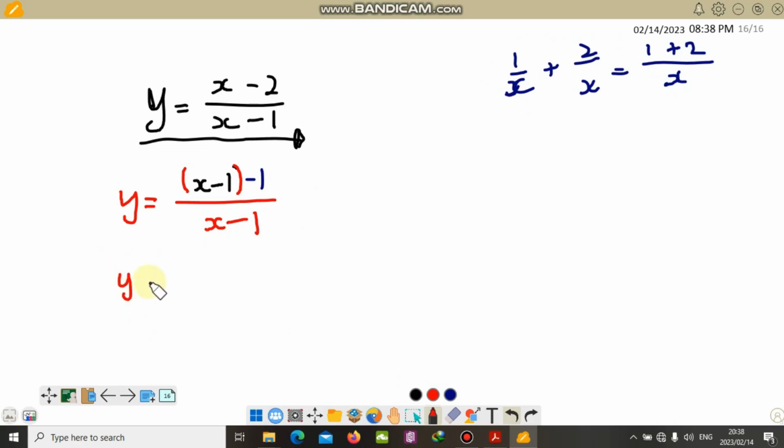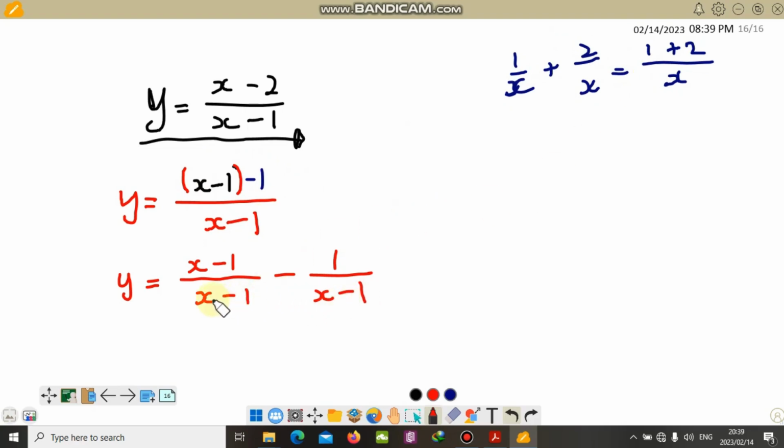So y equals x minus 1 all over x minus 1, and there's a negative there, then it's going to be 1 over x minus 1. So I separated the numerator there, separated this fraction into two parts like that.